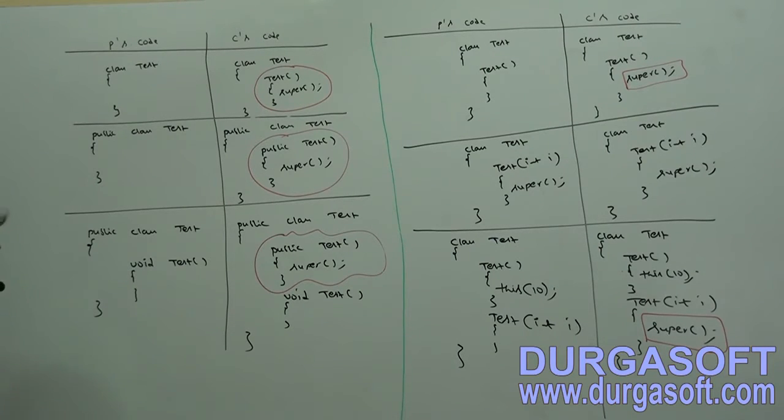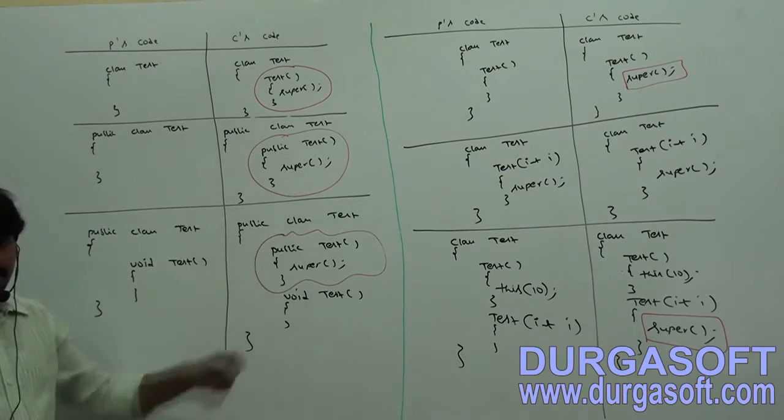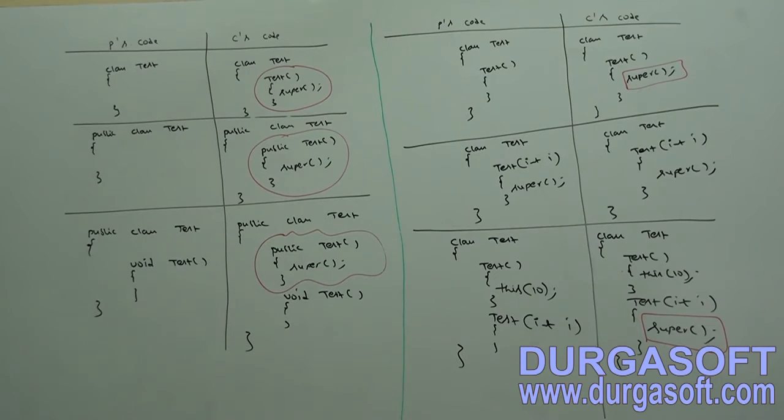Take clearly the compiler generated code, so I highlighted it with this red border. Take all.